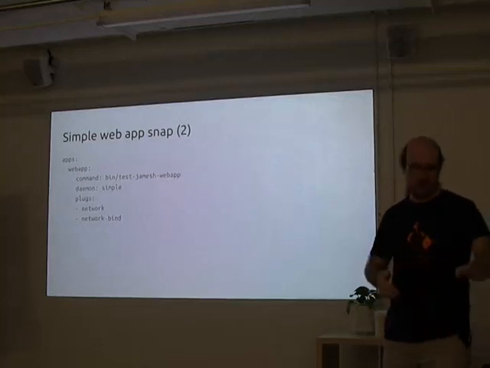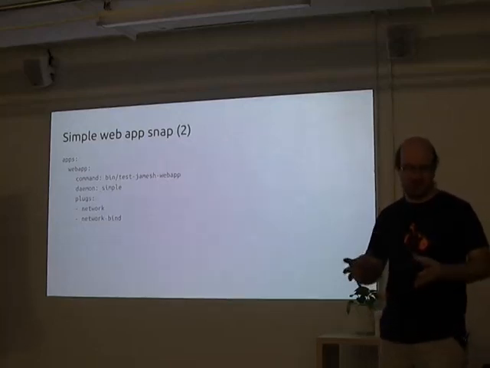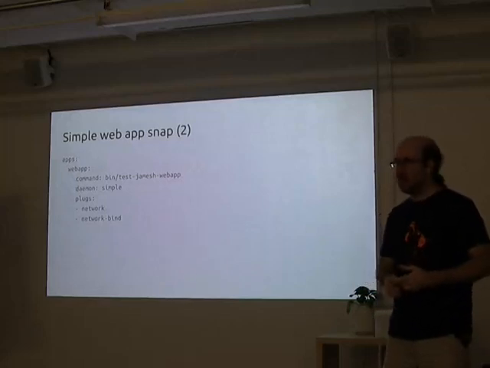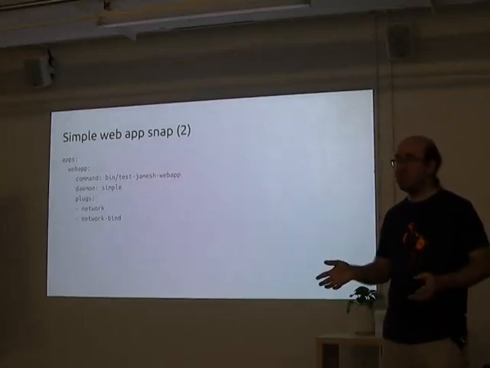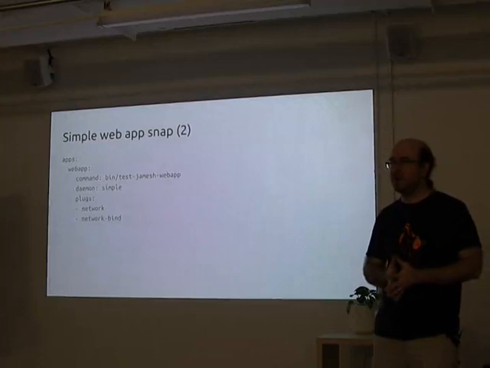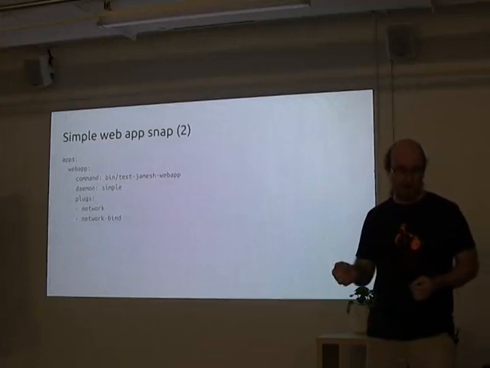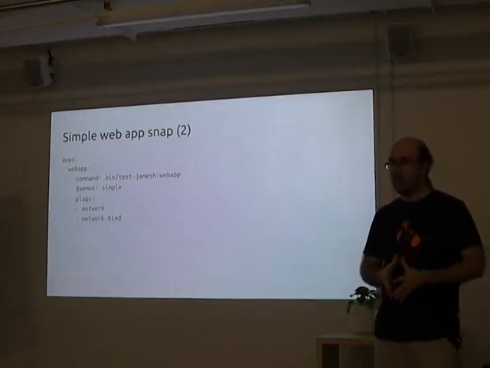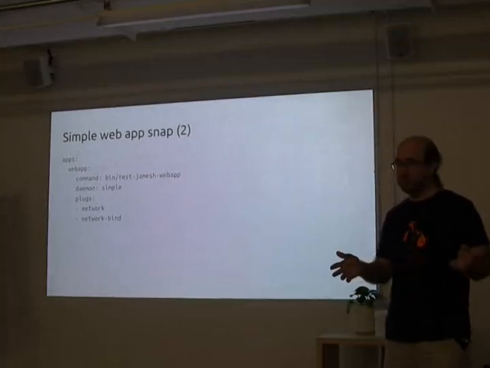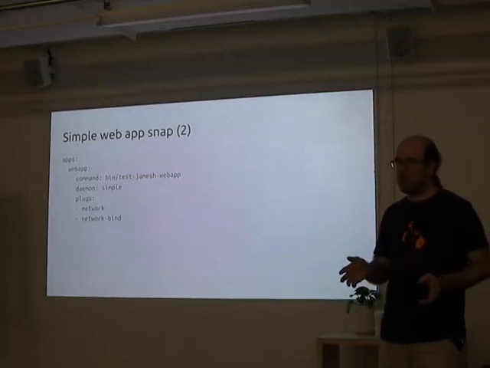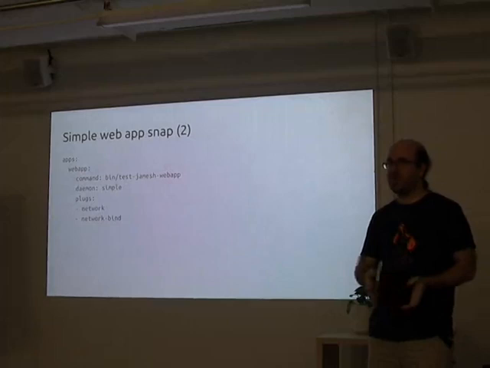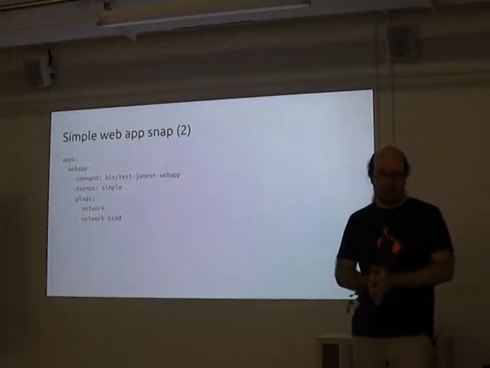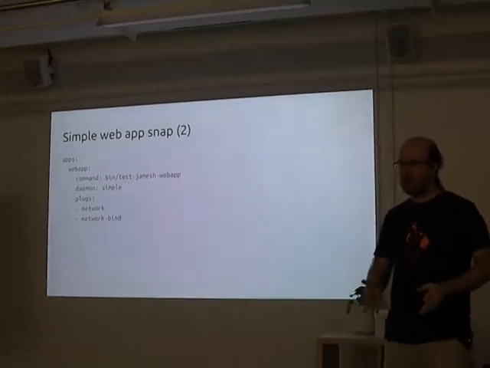In this case, I've just got this web app one which just runs a command bin/test jamesH web app, and I say that it's a daemon, which means that snapd will generate systemd unit files for it, and then the plugs bit lists a set of permissions which this particular entry point will run with.